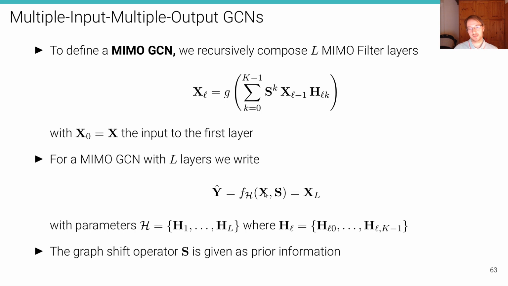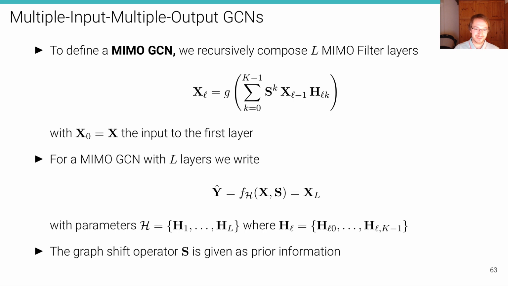where this calligraphic H is just a set of all of these matrices that occur in this computation. So this matrix H has two indices. It has an index over the layers and over k.